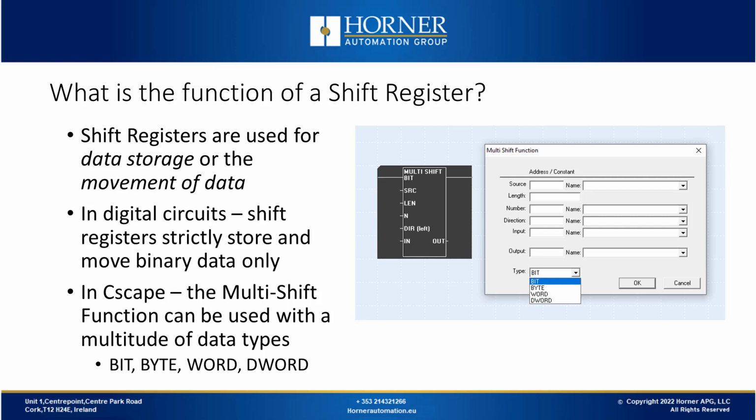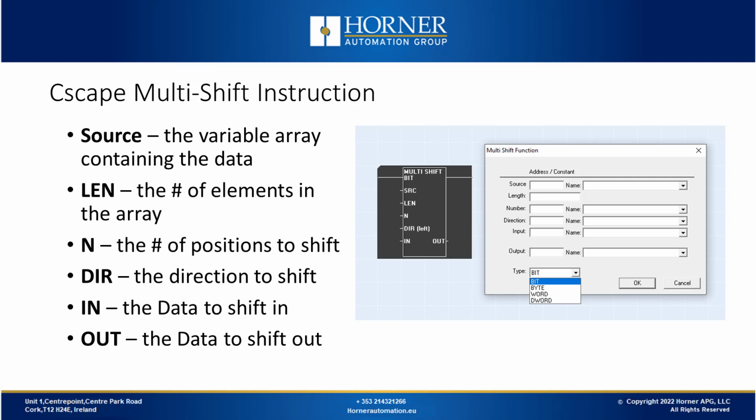In Cscape, the multi-shift function can be used with many different data types. There are many configurable parameters with the multi-shift instruction. Firstly, the source is the variable array containing the data you're managing. The length is how many bits, bytes, words, or double words are in your shift register.